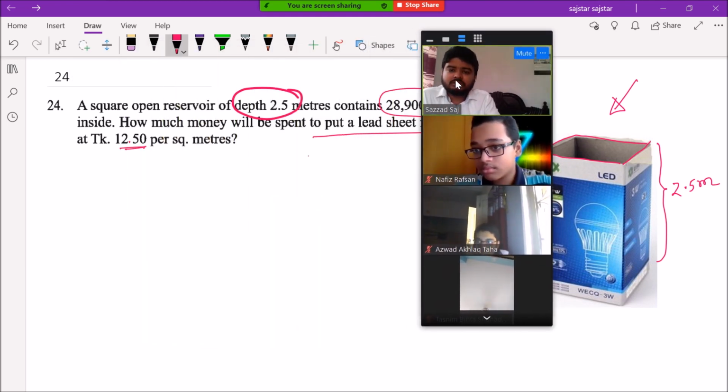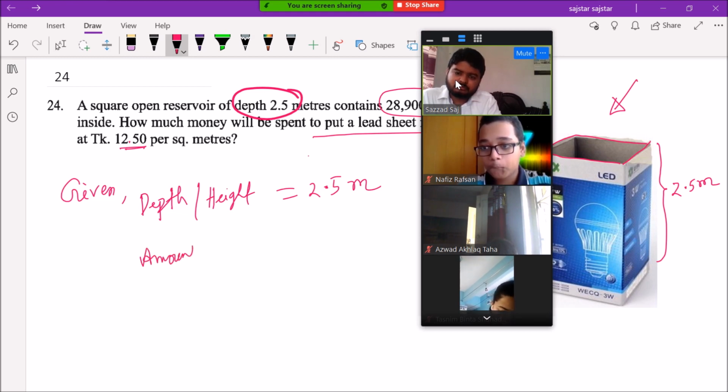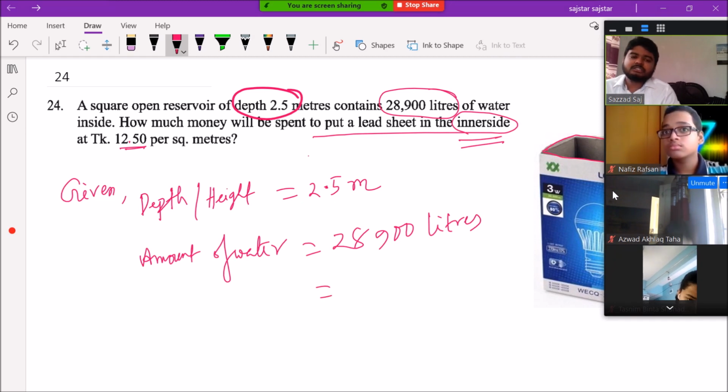So write down here, given: depth or height equals 2.5 meter, and amount of water equals 28,900 liters.